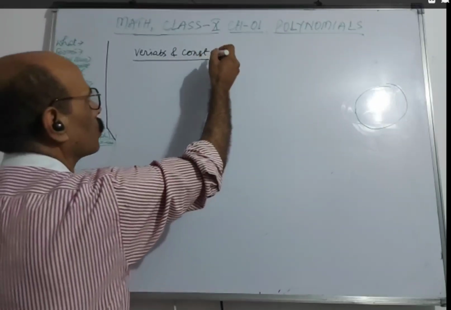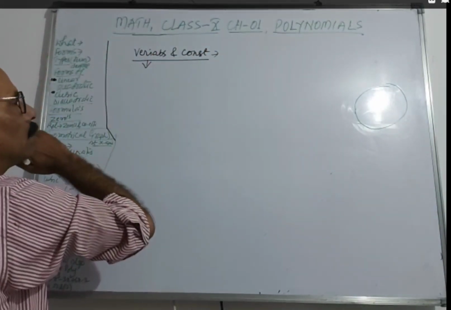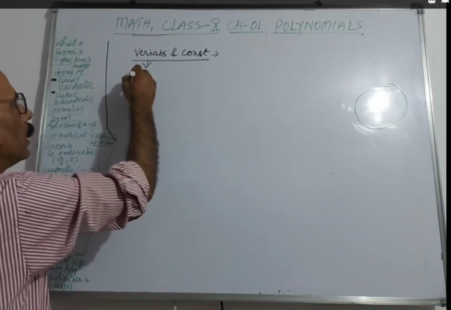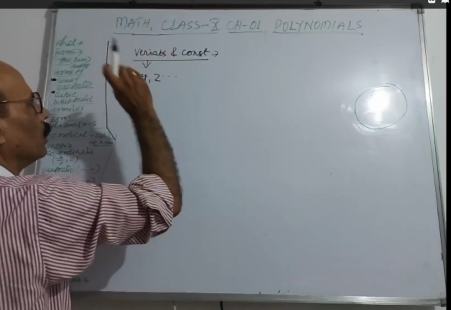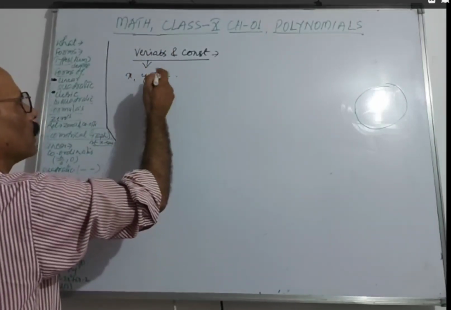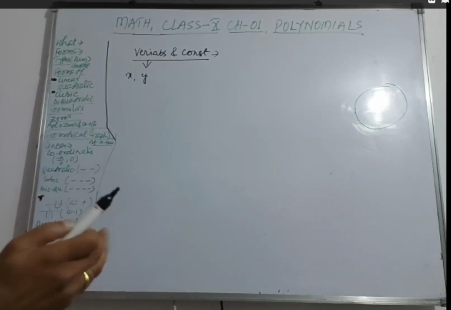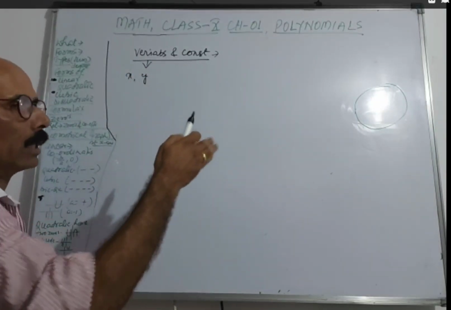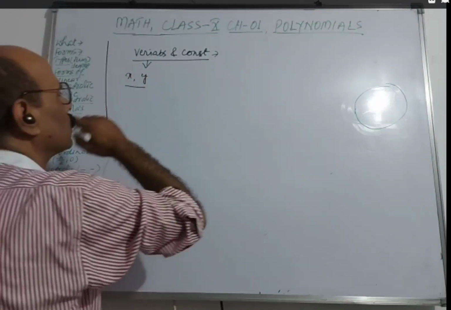Combination of variable and constant. Variable is denoted as x, y, and z. Generally, we find x and y. Generally, we need two variables, like 2x plus 3y equal to this.